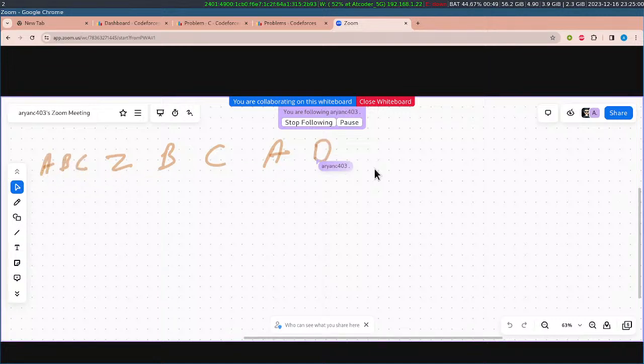If we try to find the lexicographically largest string, for a minute let's assume that I am giving it to you. I will take a better example.